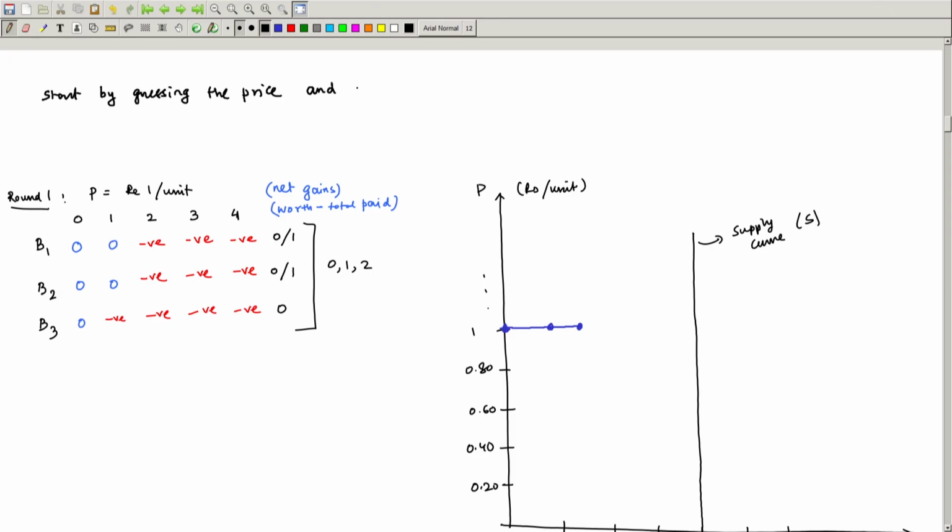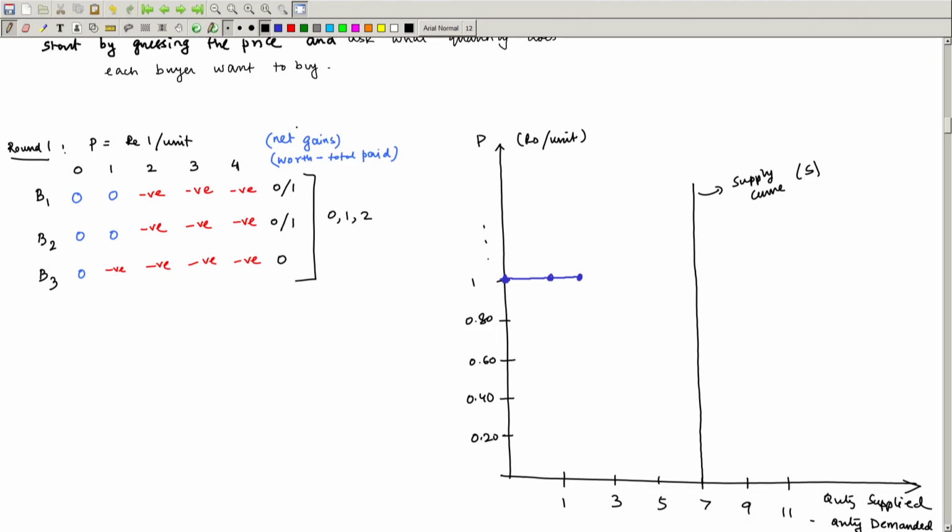We ask what quantity does each buyer want to buy. Then we aggregate the quantities across all the buyers to get the quantity demanded.